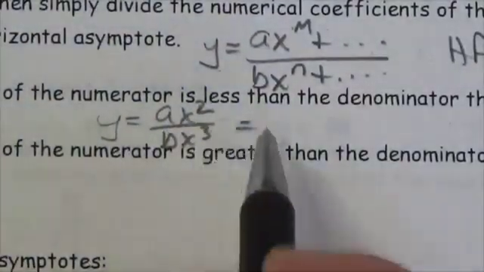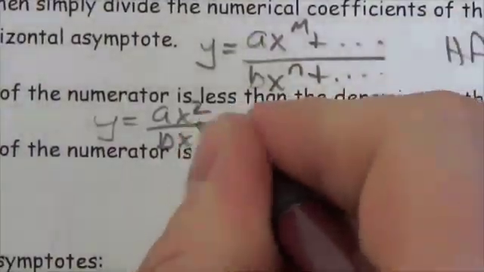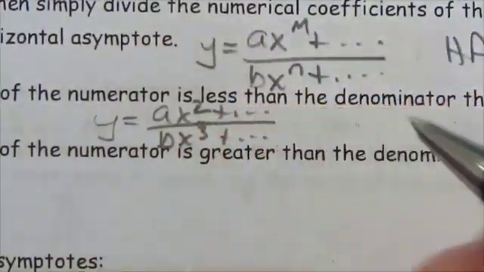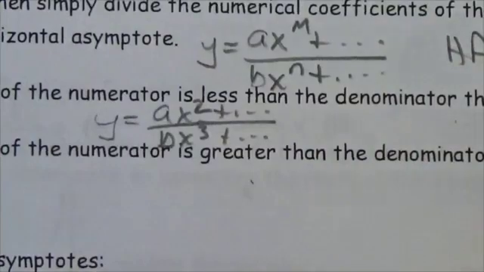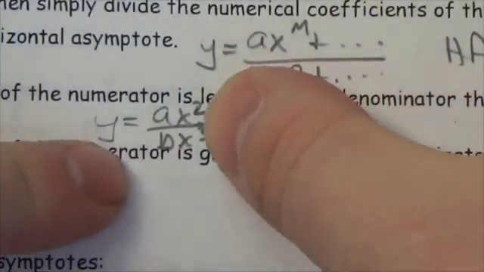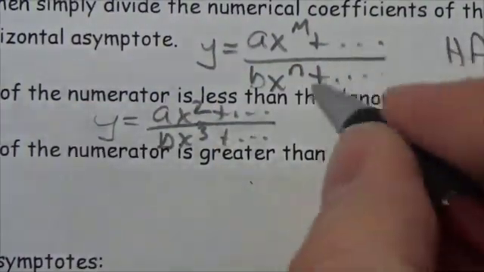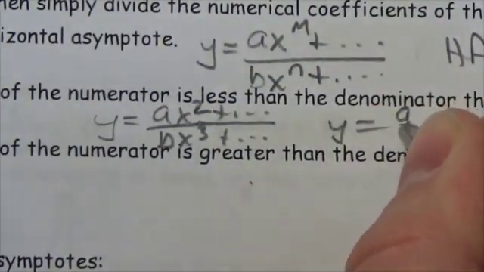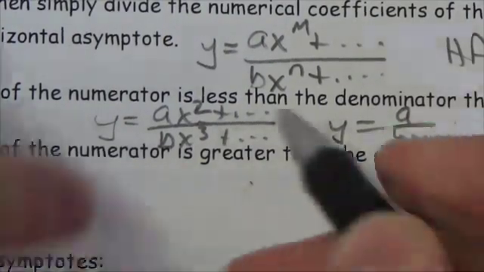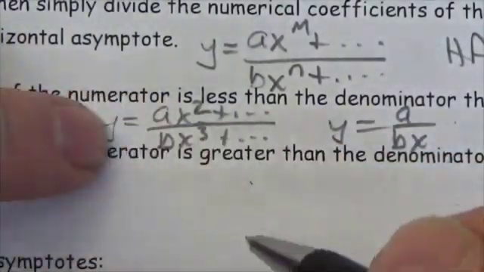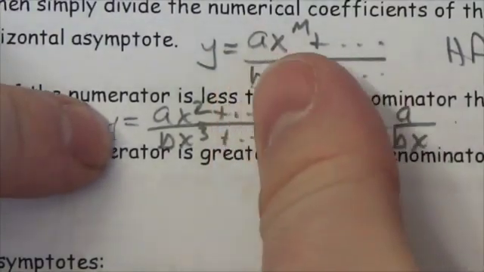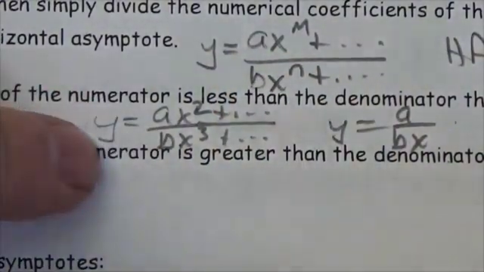All the other terms behind these guys are irrelevant, particularly when you're talking about really, really large values of x. Everything else is so tiny in comparison it doesn't matter. When you've got x squared over x cubed, that is really going to boil down to a over bx. I'm canceling those values there. Remember, it's because I can ignore everything else. I'm just focusing on the highest degree terms.